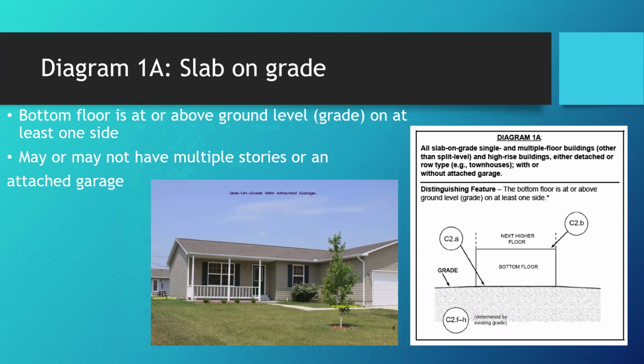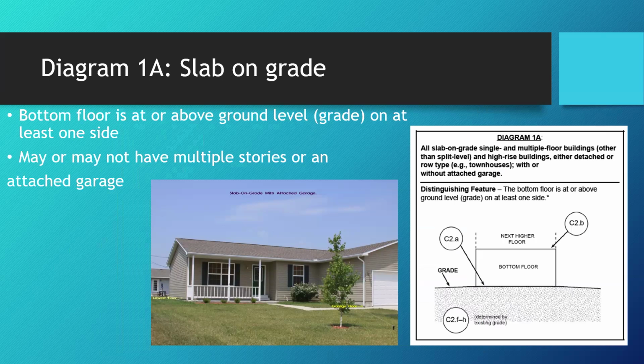So diagram 1A is a slab on grade. So the bottom floor is at or above ground level on at least one side. Typically this is just a plain concrete slab that is poured just on top of the ground, and then the structure's built on top of that. So it's very straightforward.